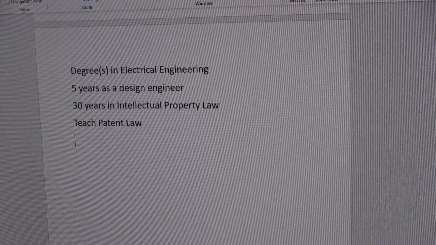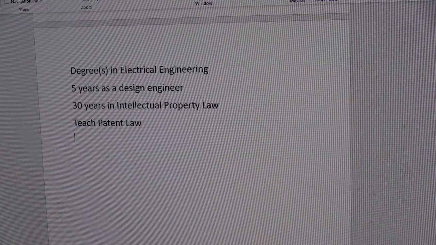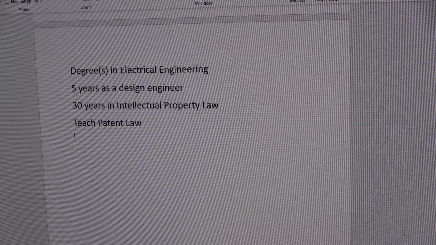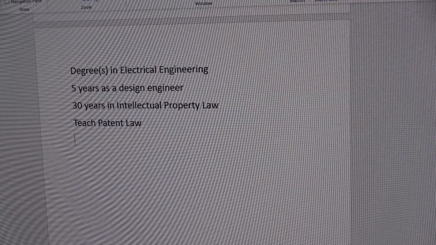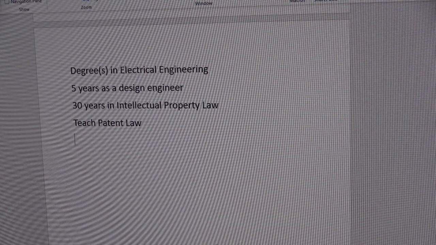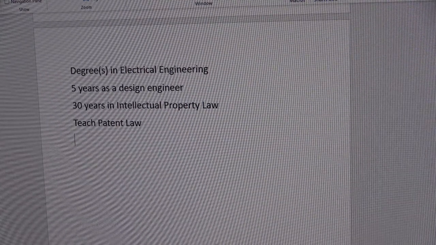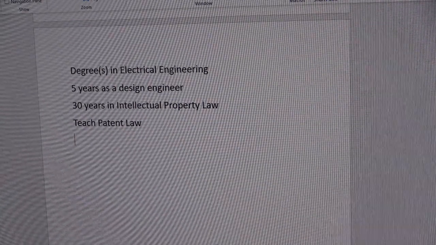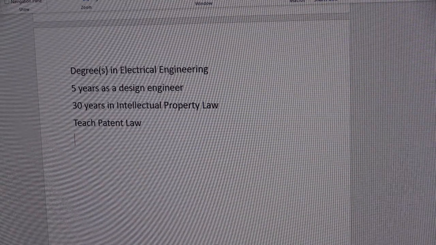Hey, Stereo Police. One of the things I wanted to do at the outset of these lectures is briefly give you my credentials, with a caveat.